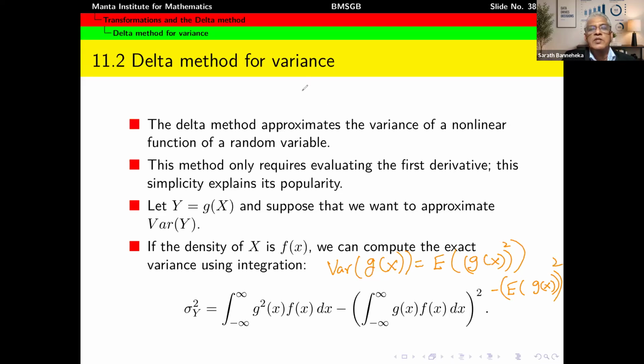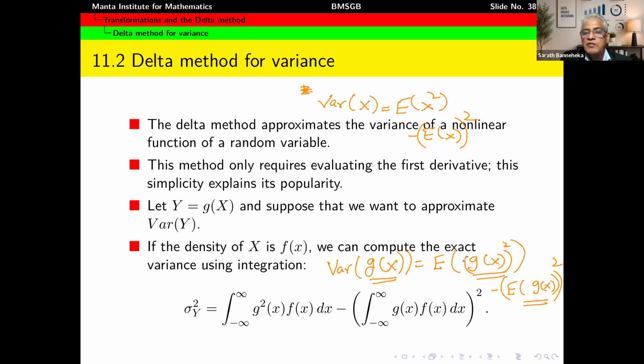This is coming from the expression you may remember: the variance of X is equal to the expected value of X squared minus the expected value of X, whole thing squared. So instead of X, now we have g(X), and the corresponding equation will be like this.